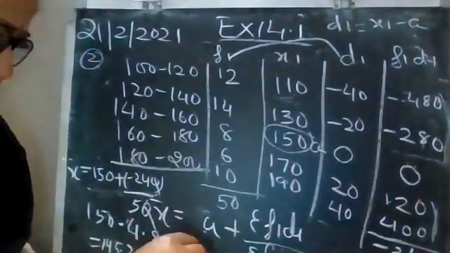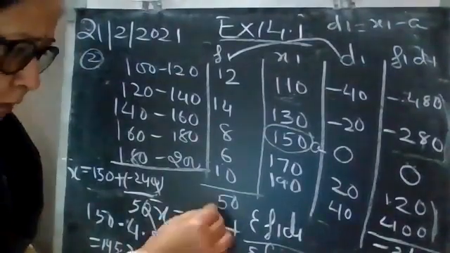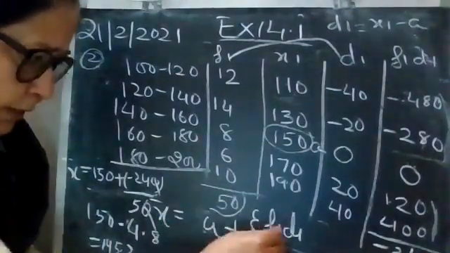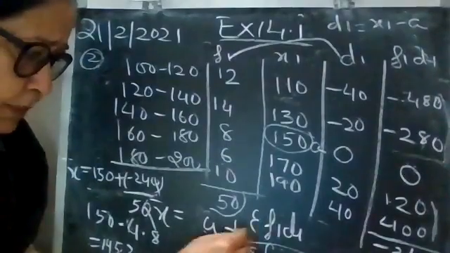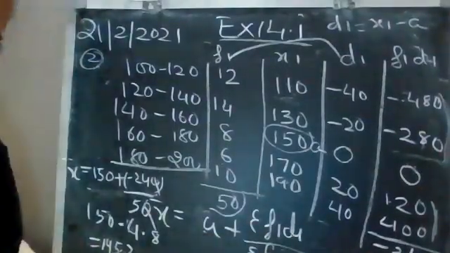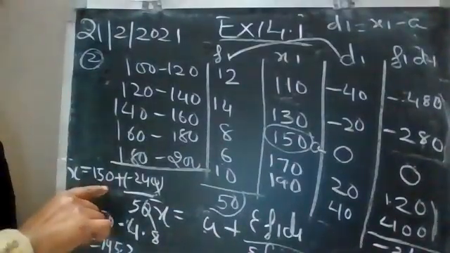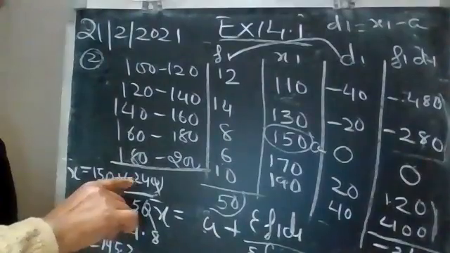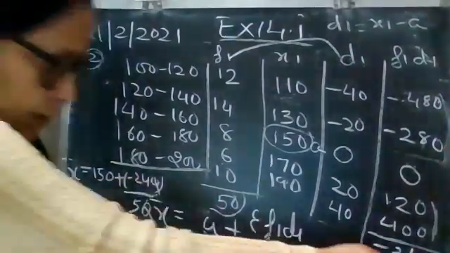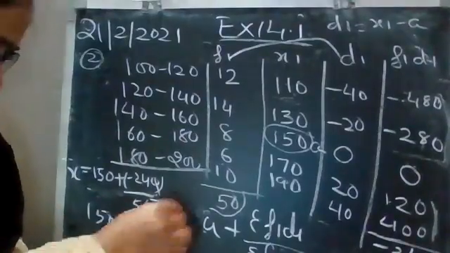We will use the formula: x bar is equal to A plus sigma fidi upon sigma fi. So here the assumed mean is 150, sigma fidi is minus 240 and sigma fi is 50.